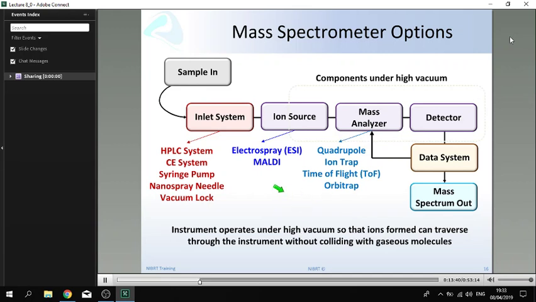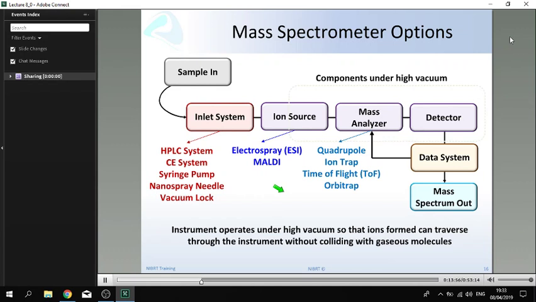As I said, the ion source and mass analyzers are under high vacuum, and this is because we want the ions that are formed, the ions that we ionize, to go through the instrument without colliding with gaseous molecules.